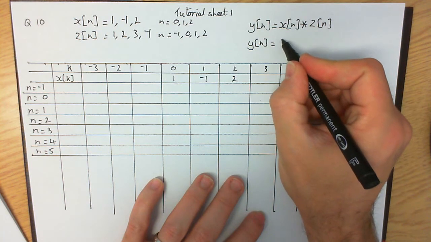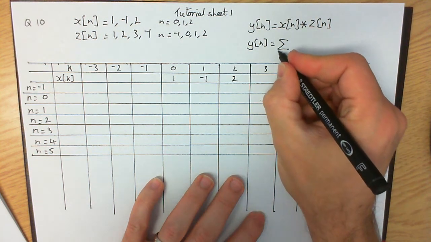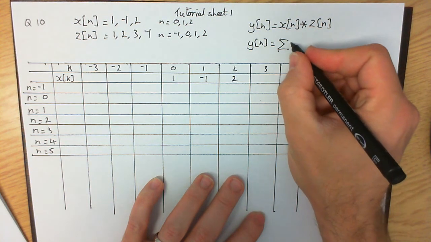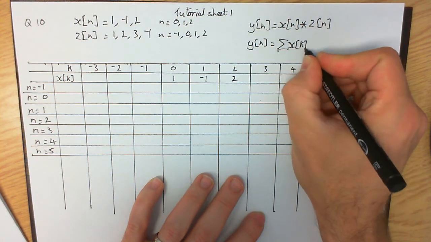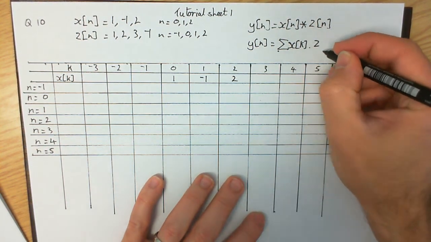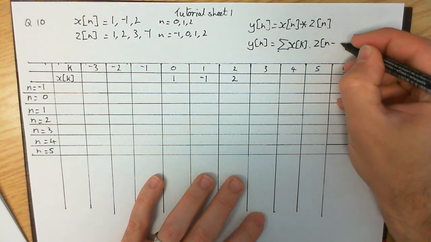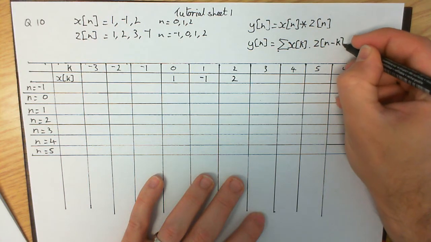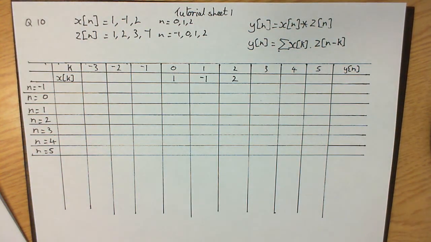So in this case we have a sum of x of k times z of n minus k. So that's the convolution sum in this case.